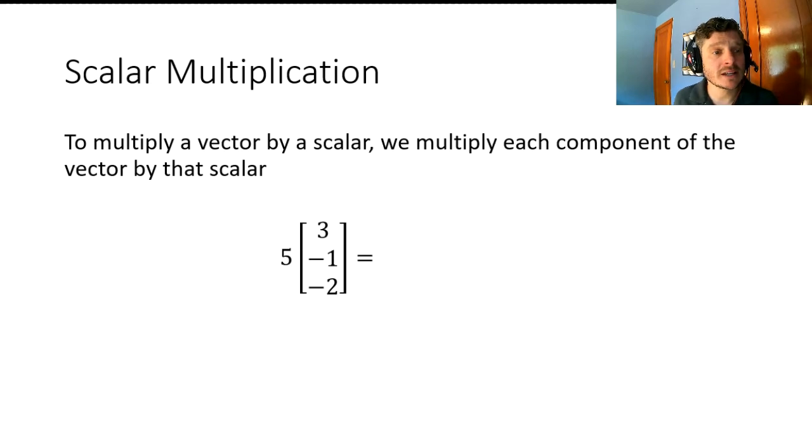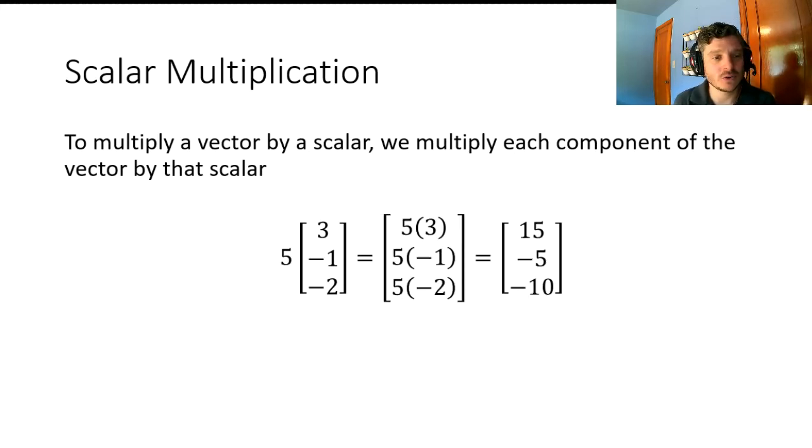The other one we want to look at is scalar multiplication. To multiply a vector by a scalar, basically we're scaling it up in size, and all we do mathematically is multiply each component of the vector by that scalar. So my scalar in this problem is the scalar 5, and then my vector is composed of the values 3, -1, -2. And again, to multiply, you just multiply each of those individual numbers by 5.